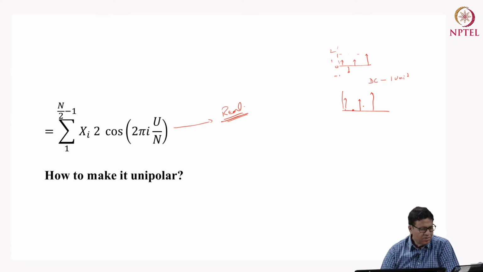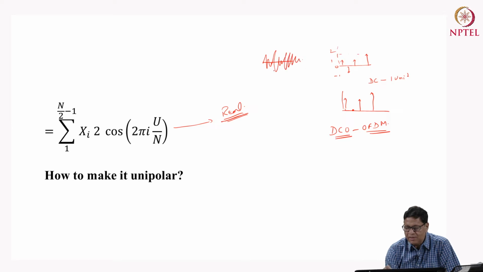So this is how DCO-OFDM, that is DC optical OFDM, works. So you give a DC signal. So if you see the OFDM signal, it is something like this, and it may have some negative peaks or positive peaks. So if you give DC shift to these signals, basically you are making it power inefficient.